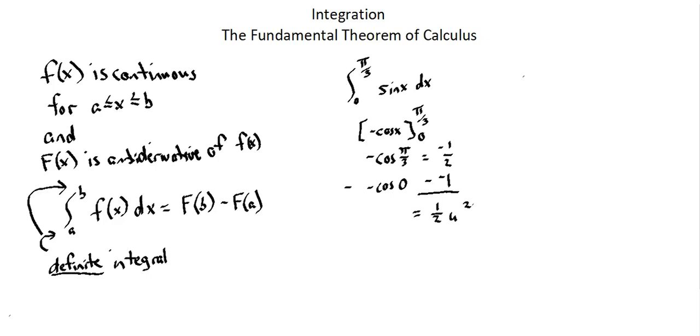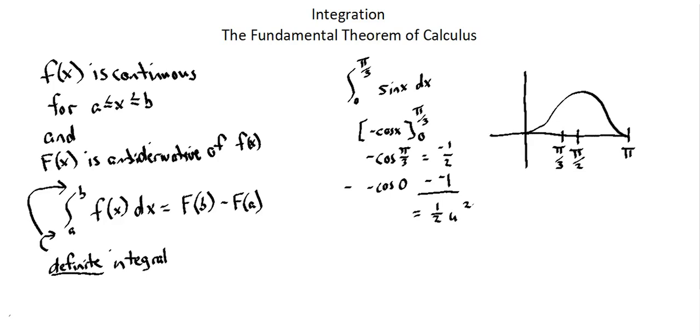Let's draw a graph. For sine of x from 0 to pi, halfway between is pi over 2, and then a little farther to the left is pi over 3.